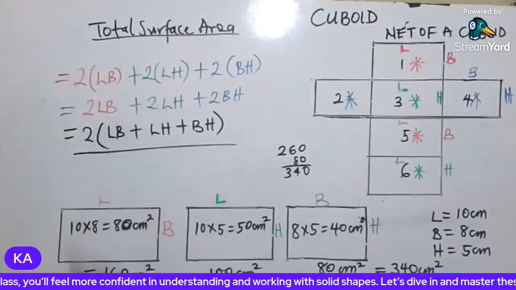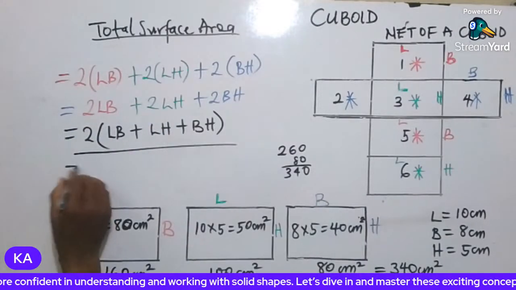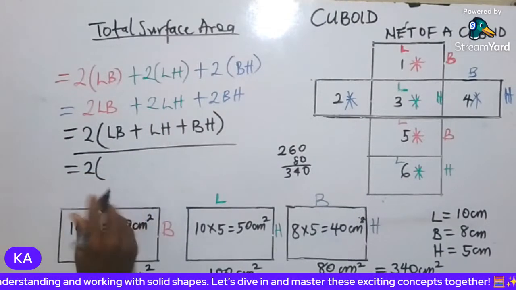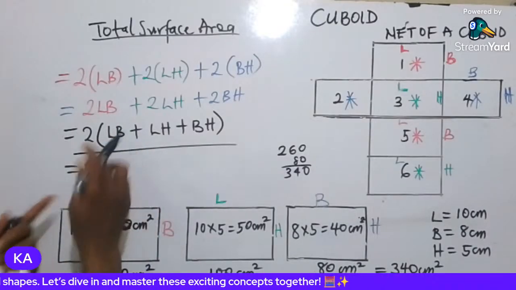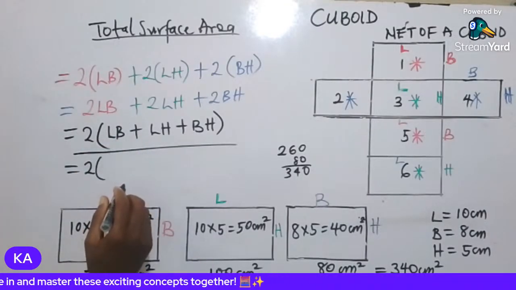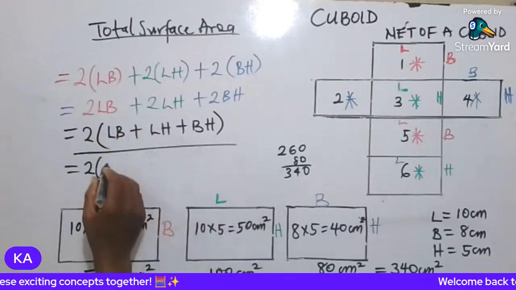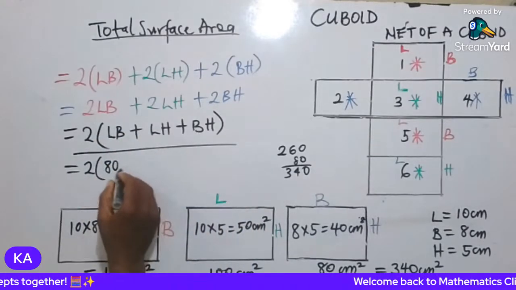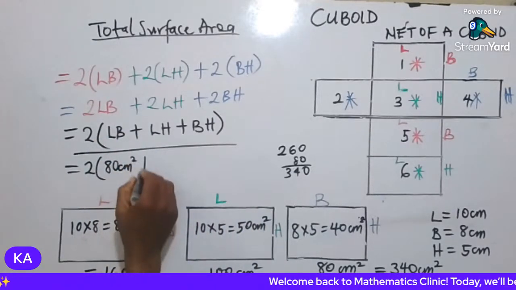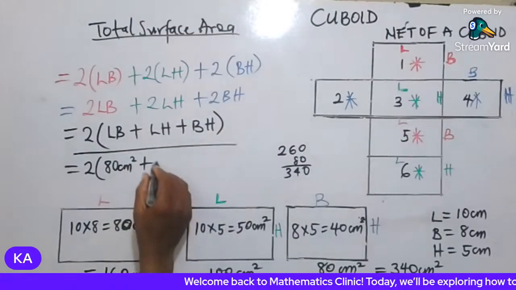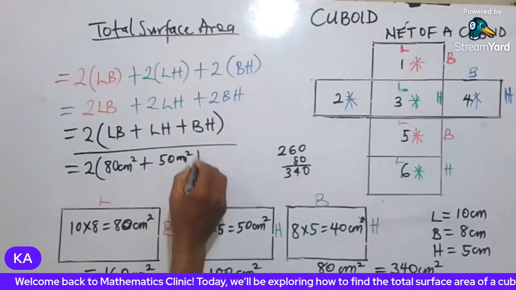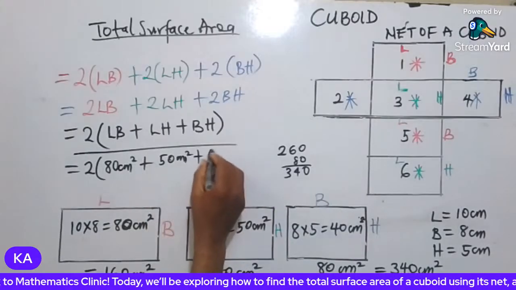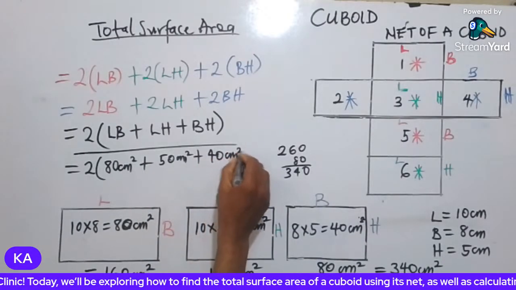So can we use the formula to cross-check if what we are doing is correct? 2 into length times breadth, it's just like the same thing. Length multiplied by breadth is 80 centimeter square, plus 50 centimeter square, plus 40 centimeter square.